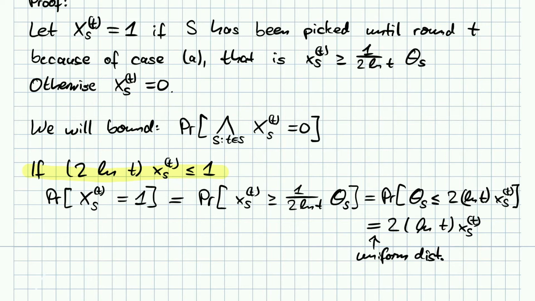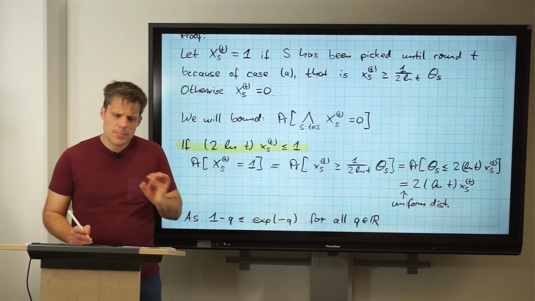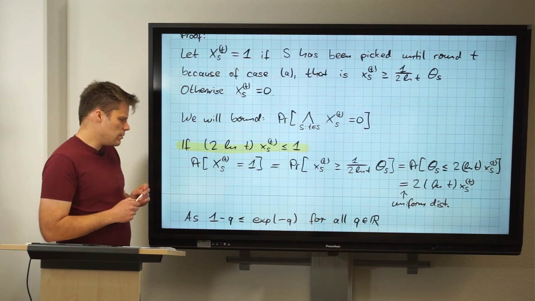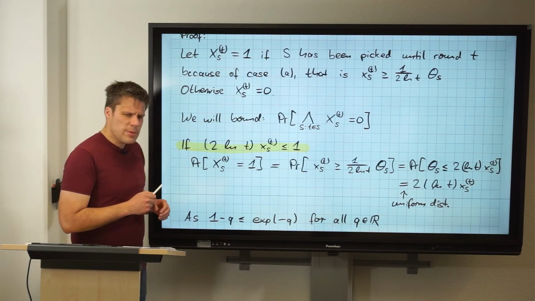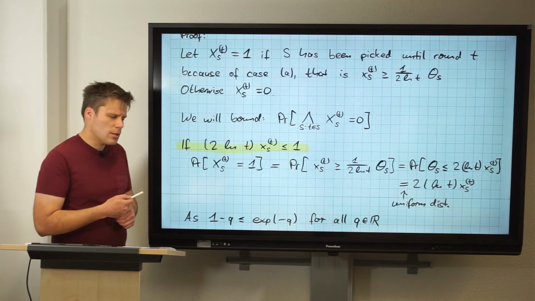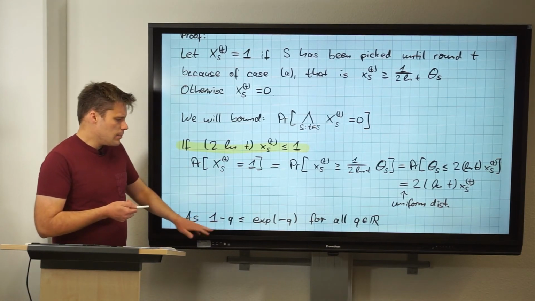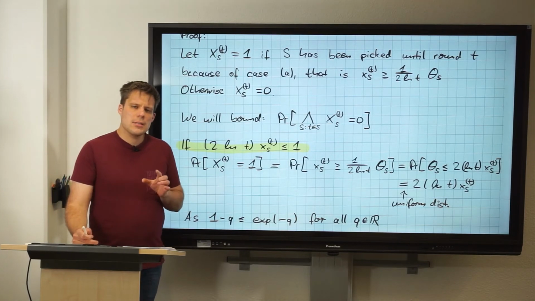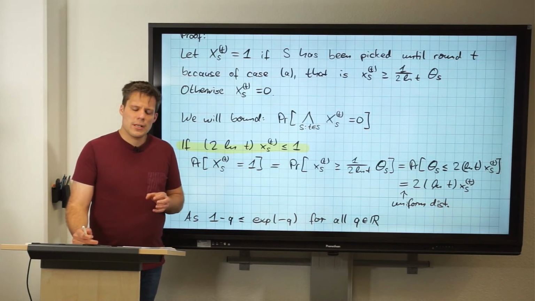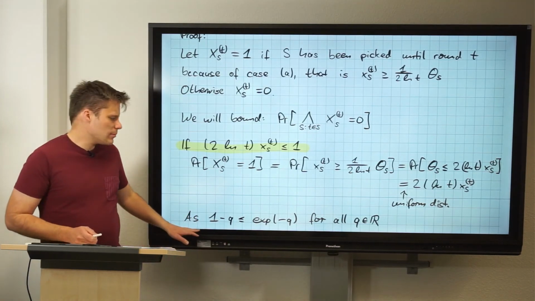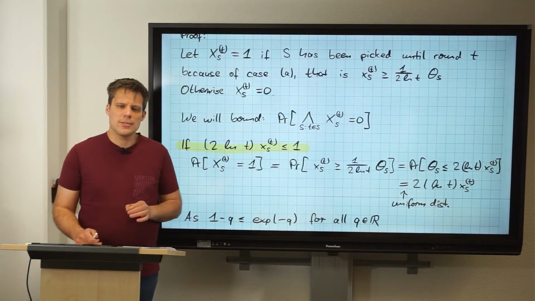We will be using that 1 minus q is at most e to the negative q for any real number q. This is an inequality that we've used at least once before, certainly when we analyzed the fractional set cover algorithm, and it is something you will use very often.